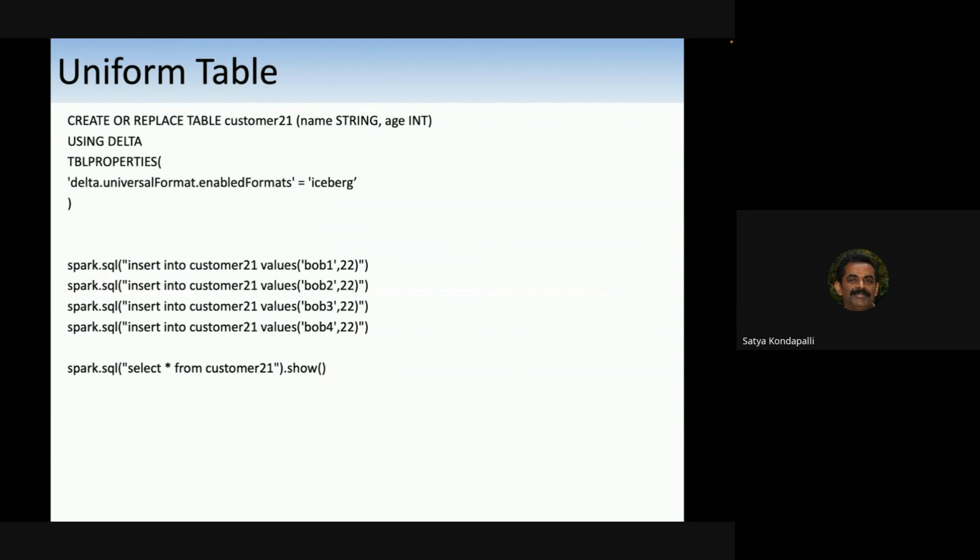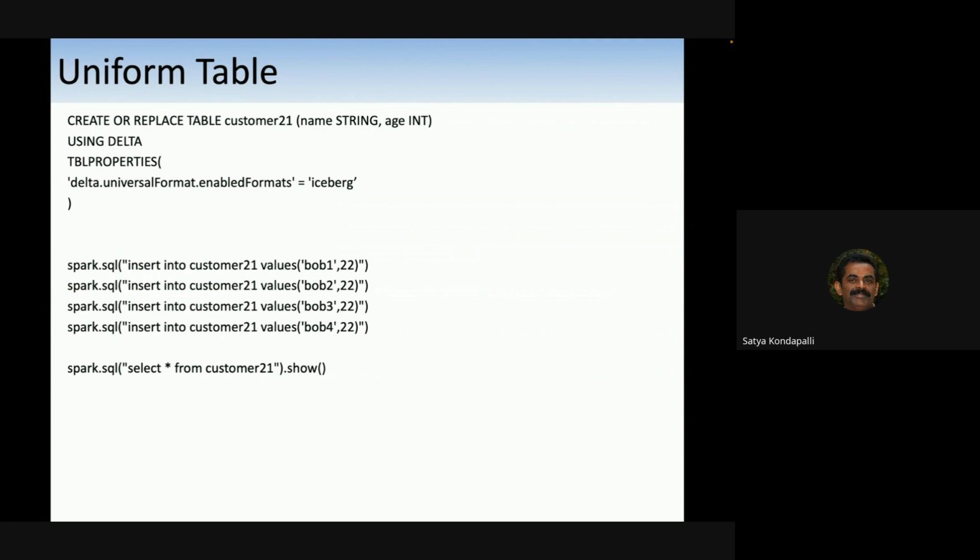So I create a table in Databricks. If we don't define delta.universalFormat.enabledFormats as Iceberg, you can just create a standard table using Delta. Then it creates a Delta table, which is mostly proprietary to Databricks.